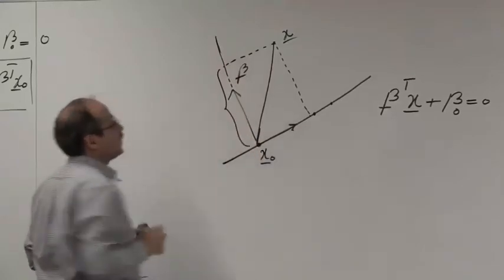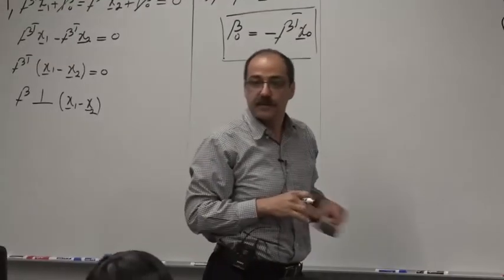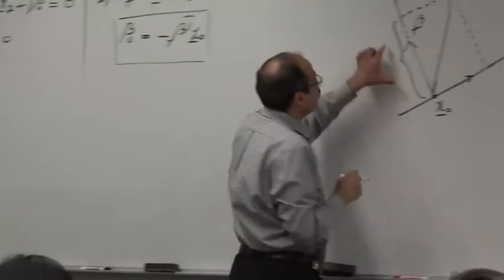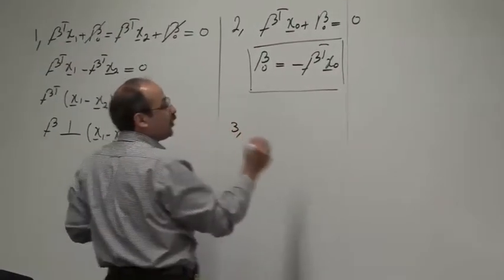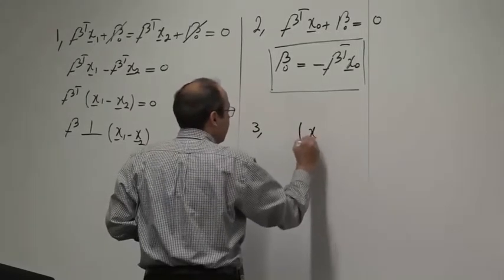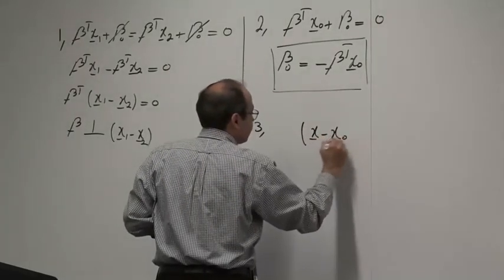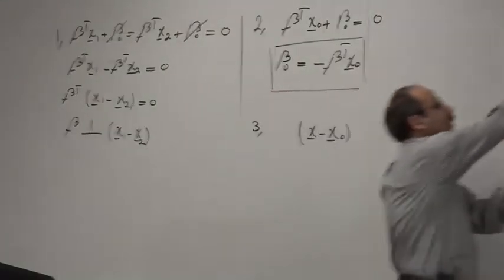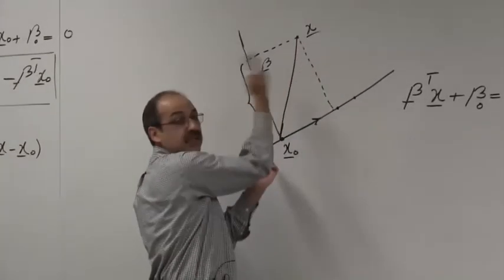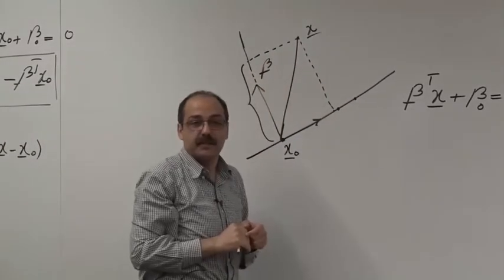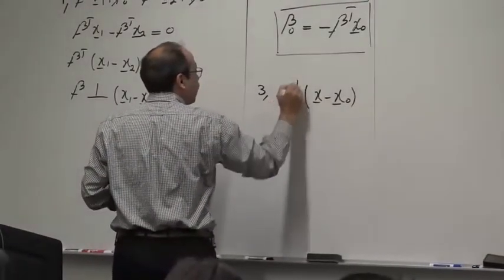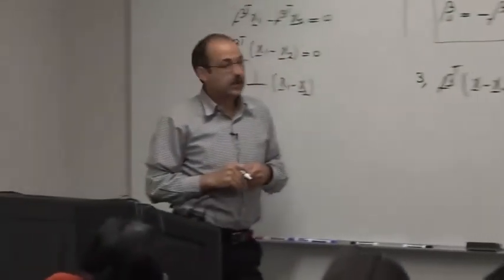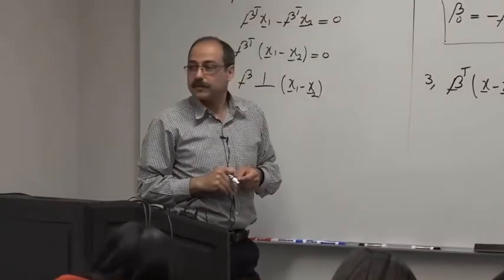And that would be my distance. So basically, to find this distance, I can simply compute x minus x null and then project it in the direction of beta. Project this in the direction of beta means compute beta transpose times x minus x null.